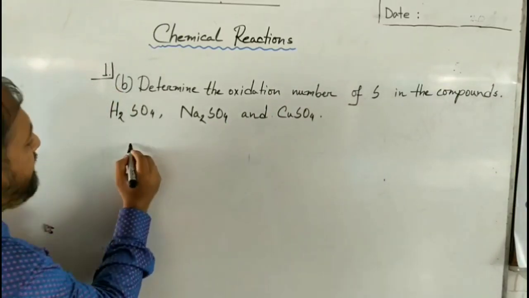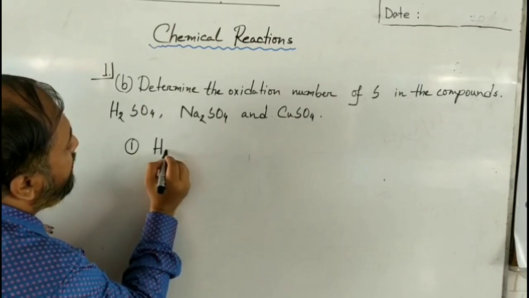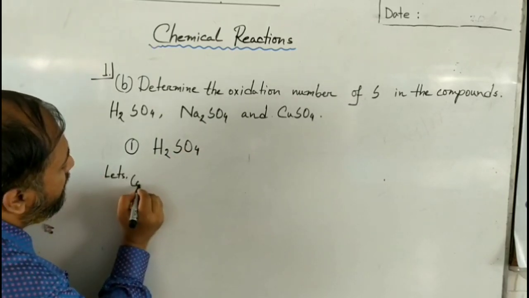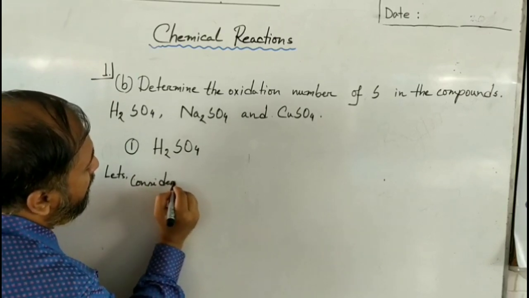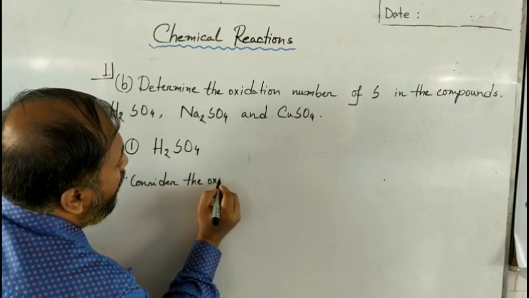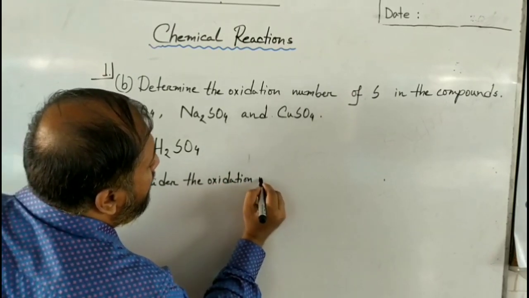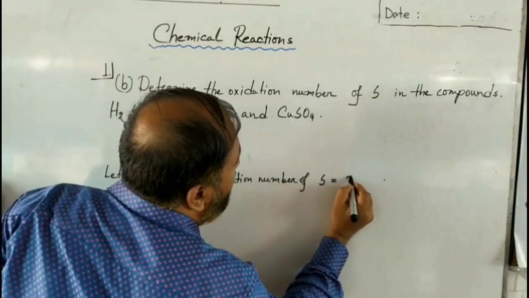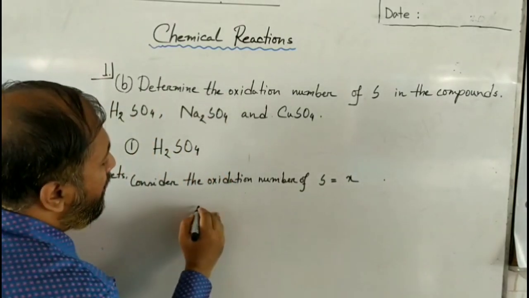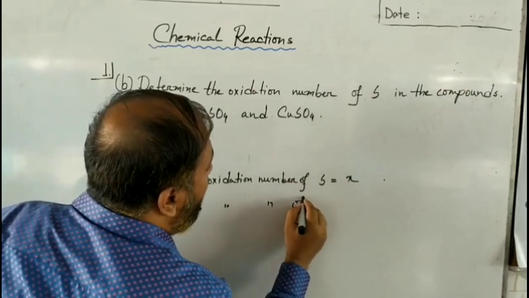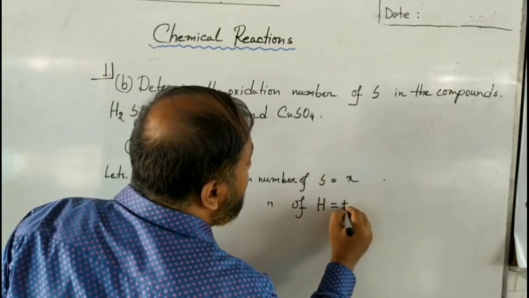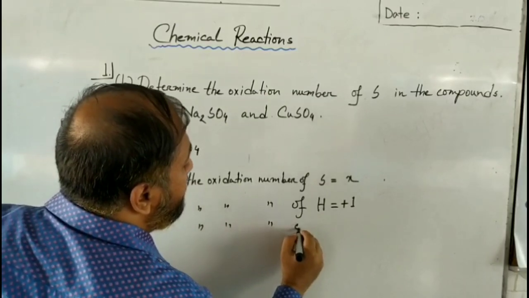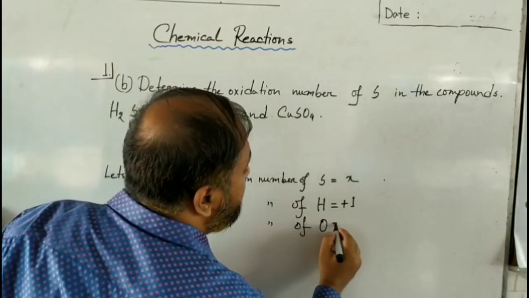First one is sulfuric acid, H2SO4. Now let's consider the oxidation number of sulfur is equal to X. The oxidation number of hydrogen we know is +1 and the oxidation number of oxygen is -2.